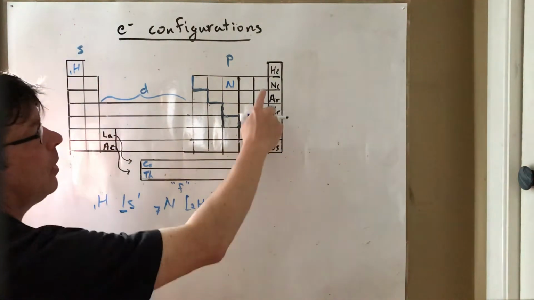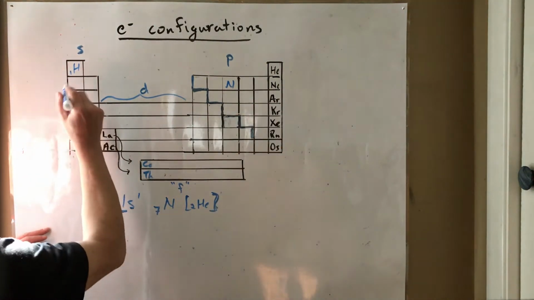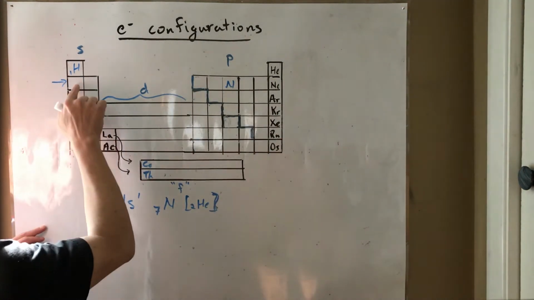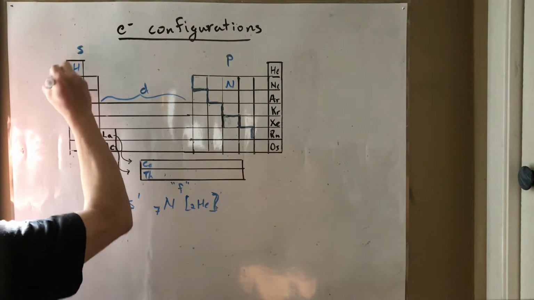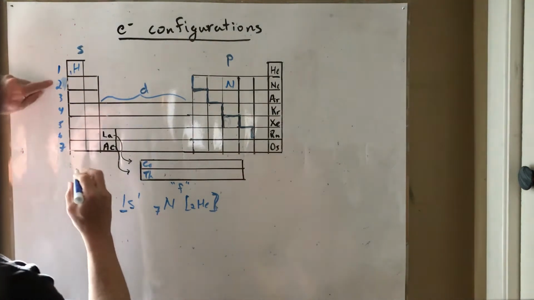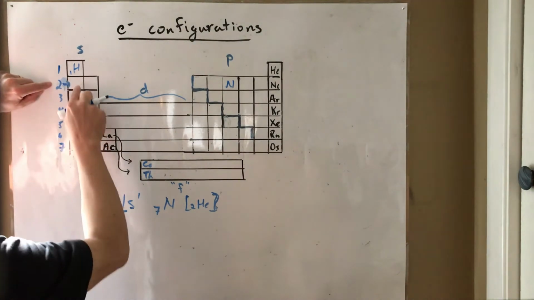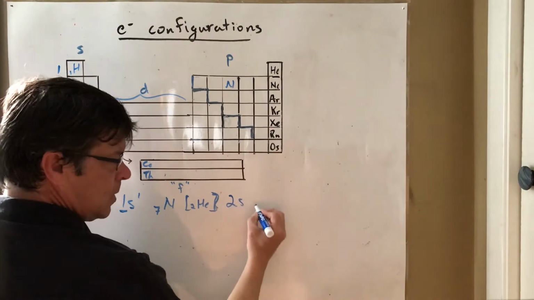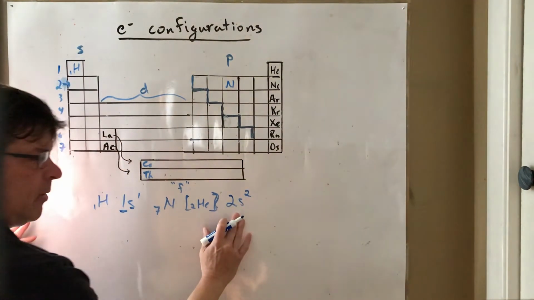So then what we can do, using the periodic table, is start here, and let me just label this 1, 2, 3, 4, 5, 6, 7. This would start the 2nd energy level, and of course on the 2nd energy level there's an s orbital, and there would be 2 electrons in that s orbital.